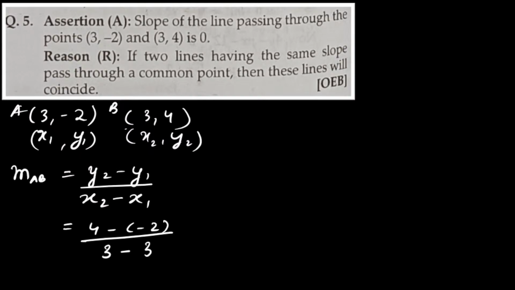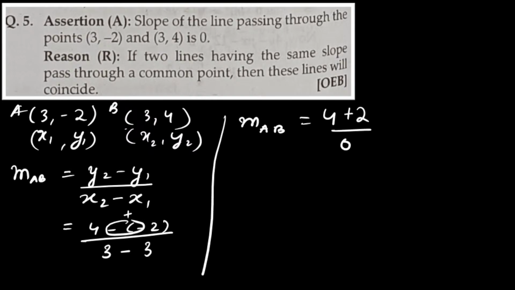So what is the value of slope we are getting? Slope of AB: minus minus is again plus, 4 plus 2 by 3 minus 3 is 0. So 6 by 0 we are getting.